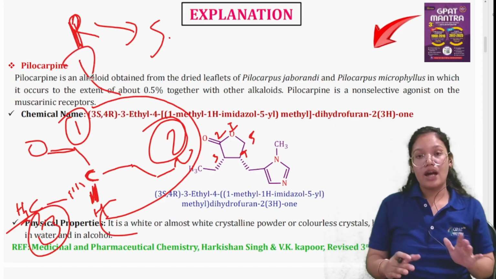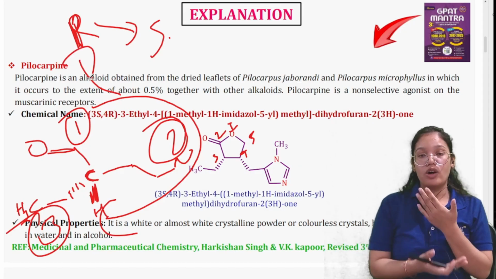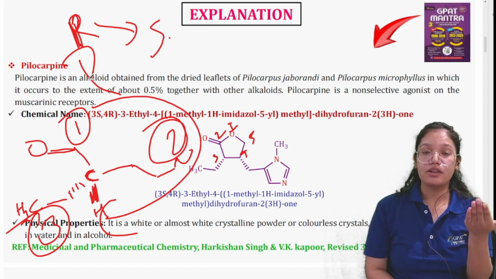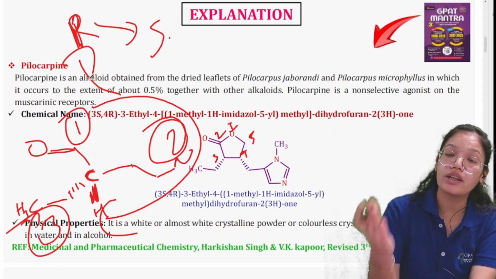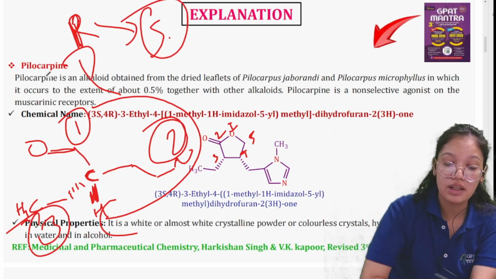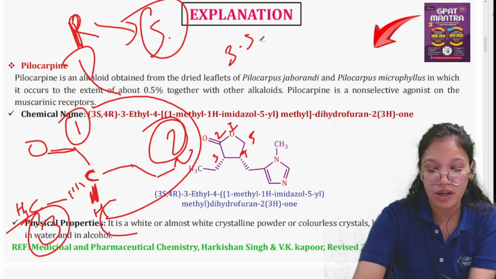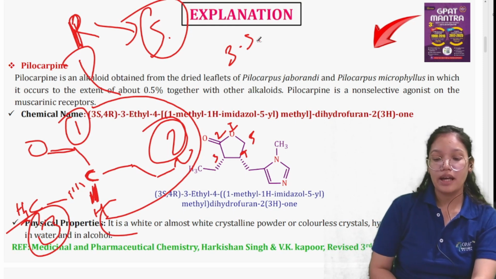Now as the hydrogen is above the plane, we have to take the opposite. So at 3rd position we have the sinister, so 3S.